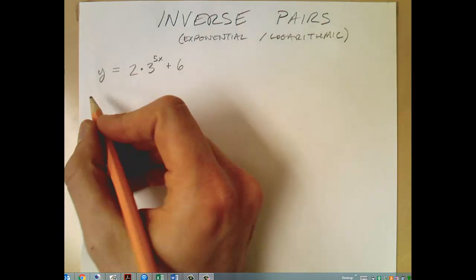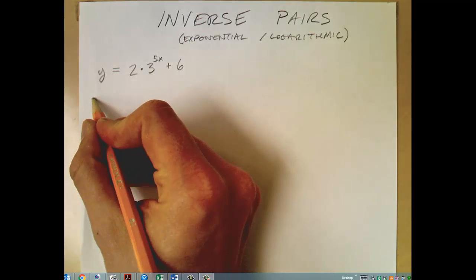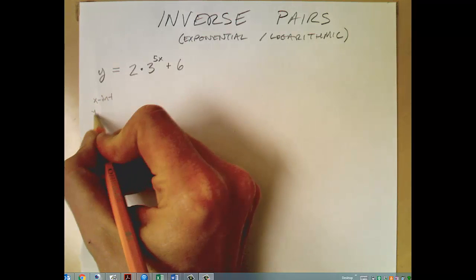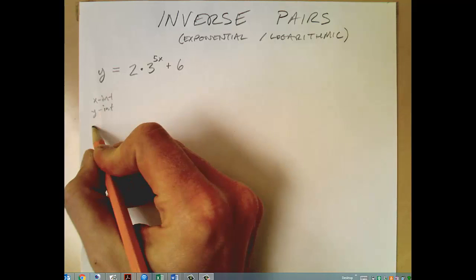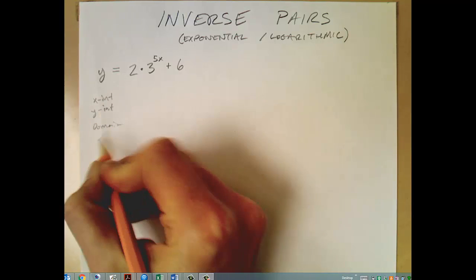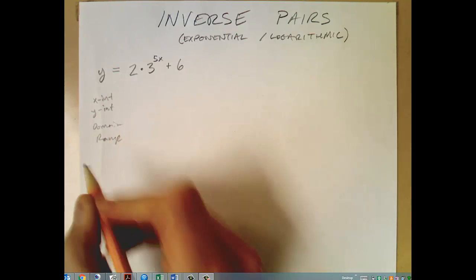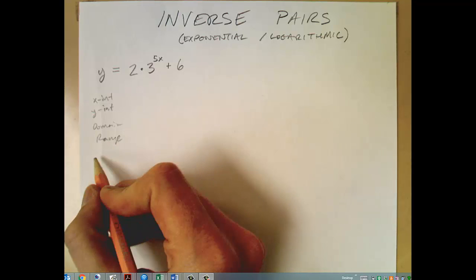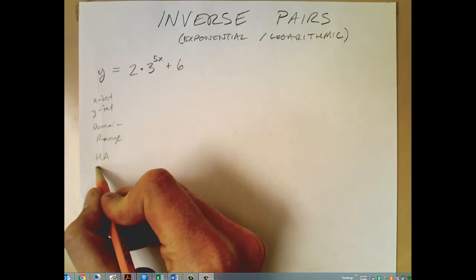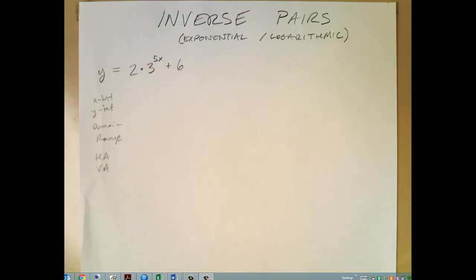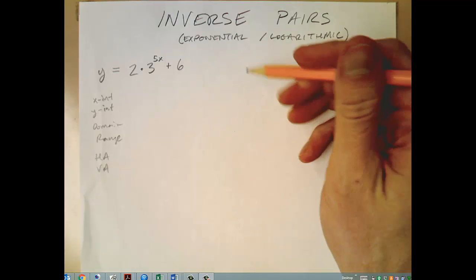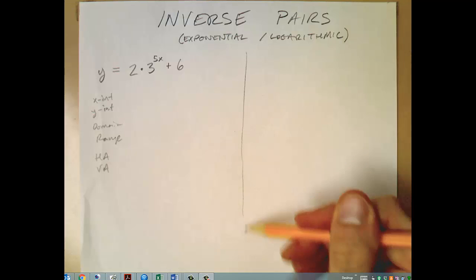So what do we want to know about this? We want to know the intercepts, and we want to know the domain and range, and we want to know the asymptotes, right? And we also want to know all these things about the inverse function.